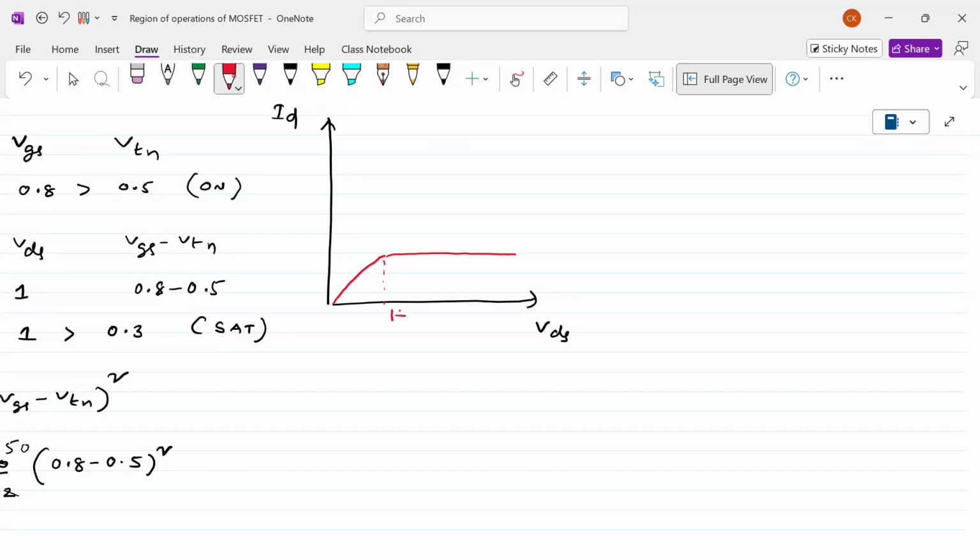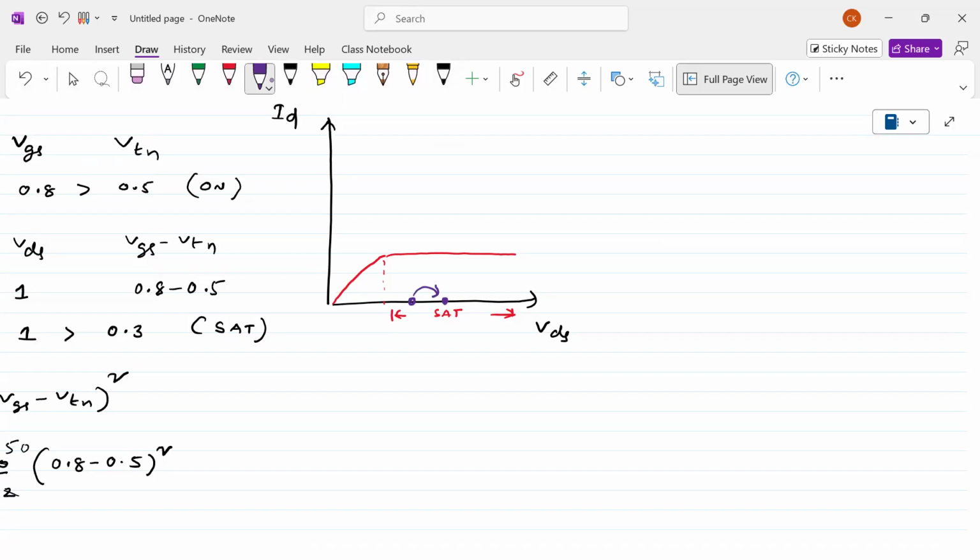From this region onwards, it is saturation. Now, for example, you are at this point. Now you increase this value VDS by some value, to here, for example.